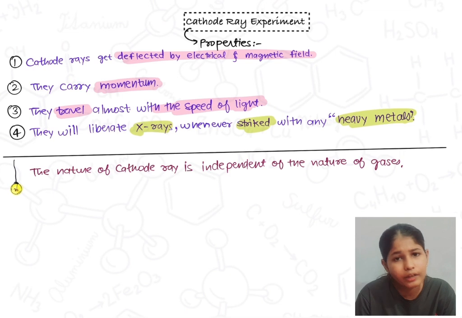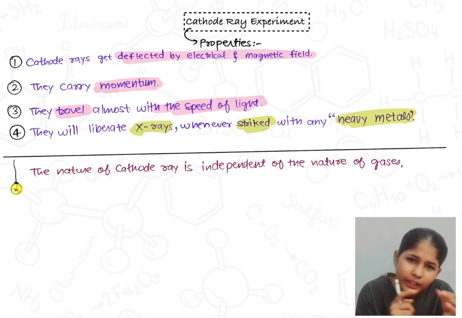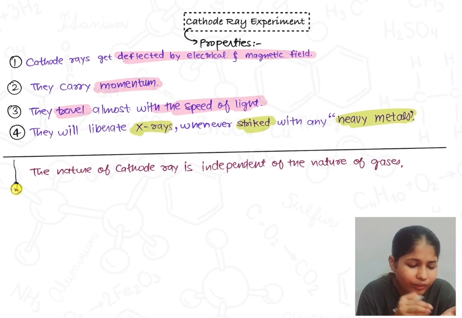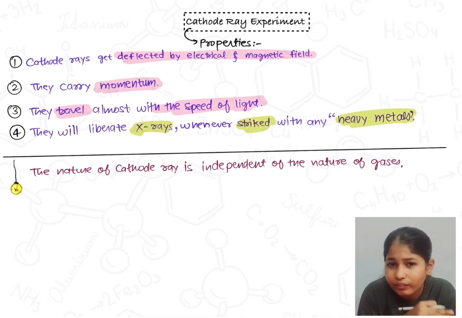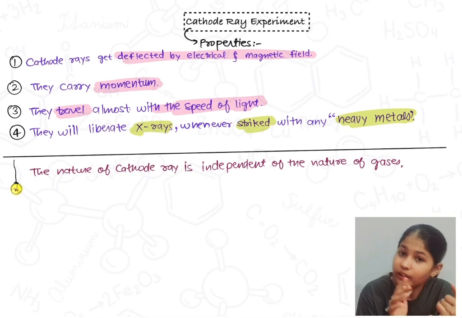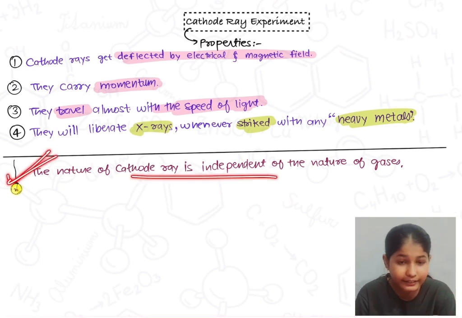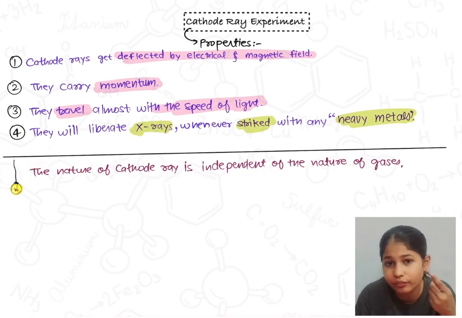Whatever gas you fill inside that tube, this will not affect the nature of cathode rays. It means, can I say that if I take any element's gas, the cathode ray will be the same? From this property it is telling that it is independent, so it will not affect it.